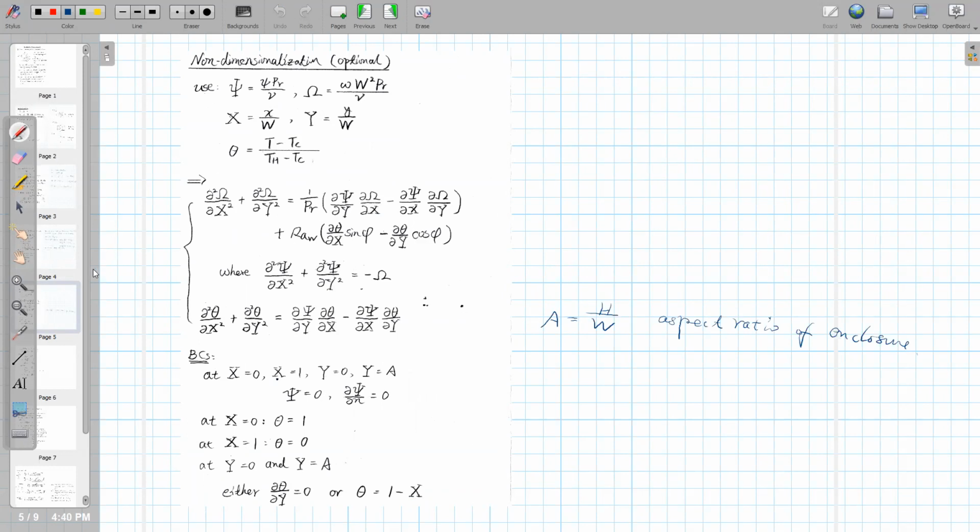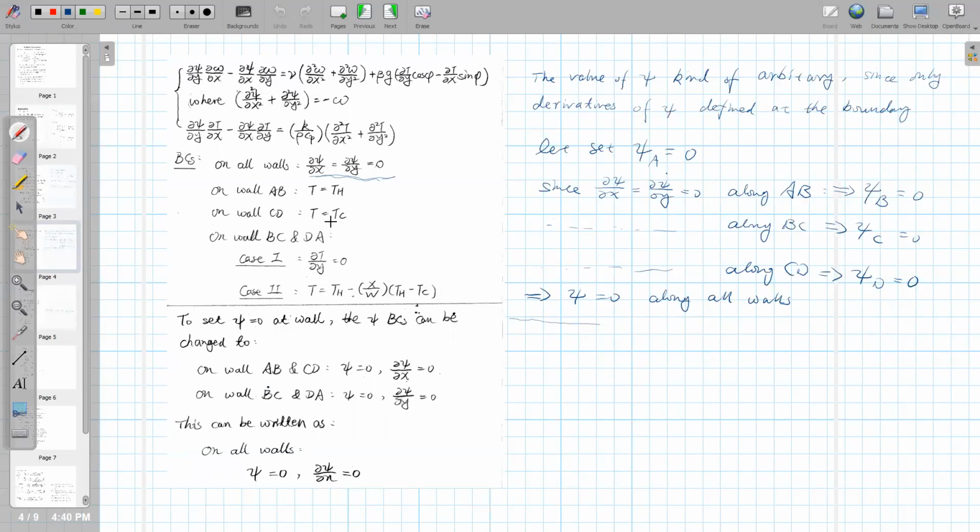The advantage of solving the dimensional equation directly is that it's very straightforward, because you avoid additional steps. After you solve it, your result will be the dimensional form of phi, omega, and t.